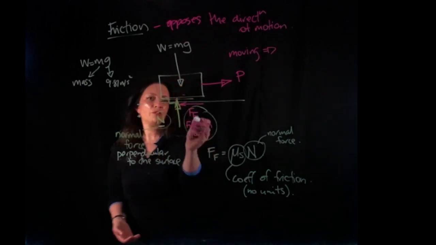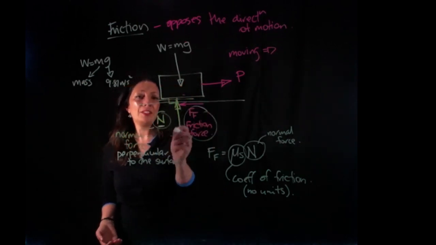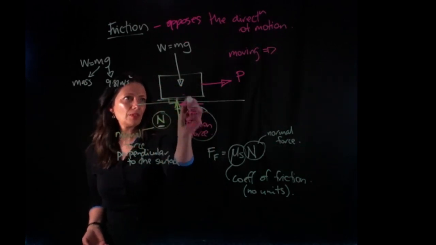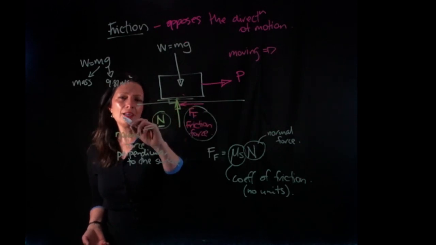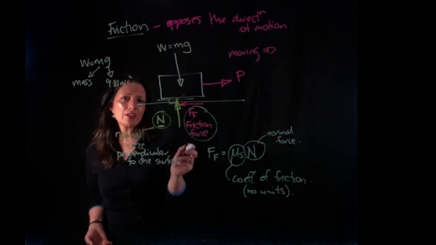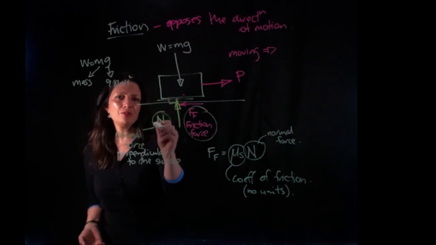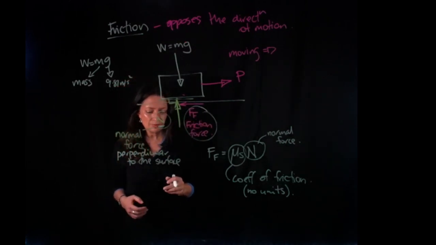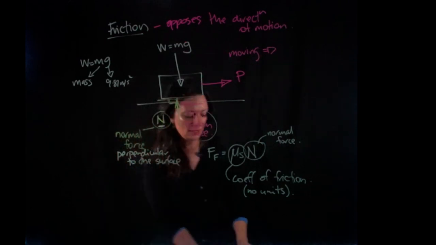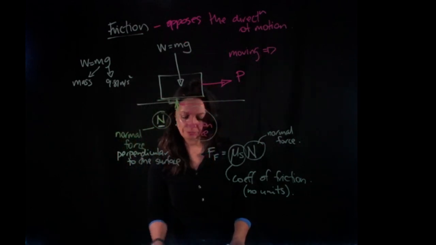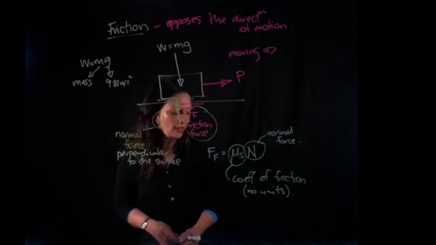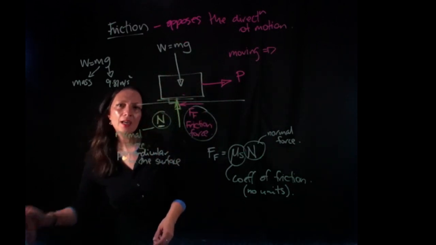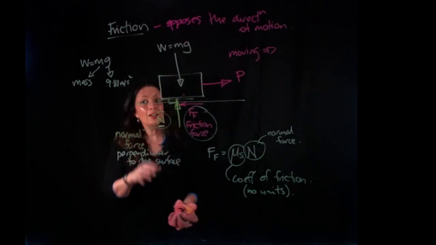To find the frictional force, we need to resolve the sum of the forces in the x and the y direction. We can find what our normal force is, and therefore we can find our frictional force. Let's take a look at another case: what happens if we have a box on an inclined plane?